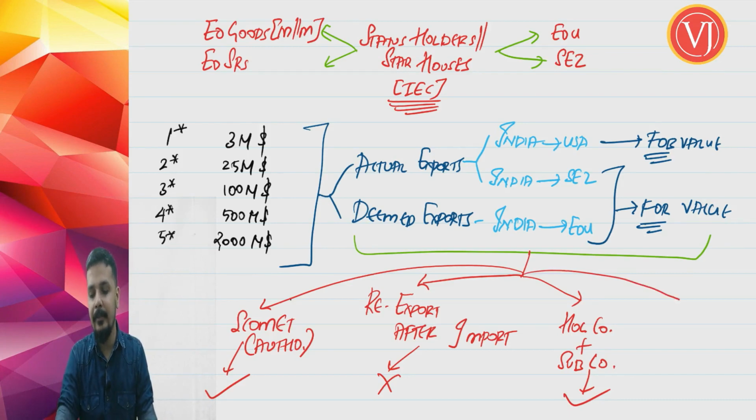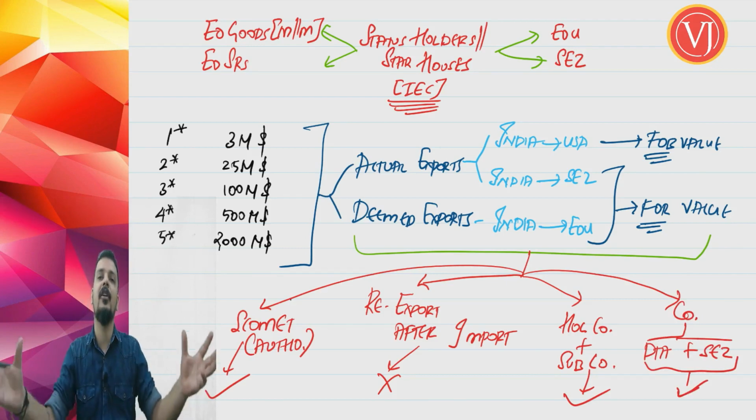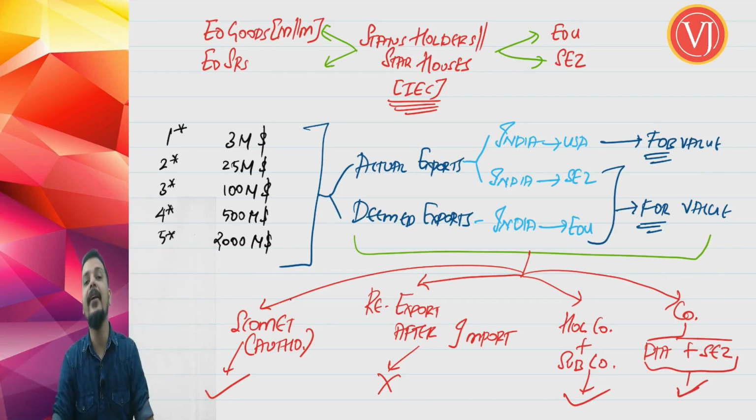And similarly, for a company having a unit in the domestic tariff area and a special economic zone, that clubbing will be allowed. So the export performance of DTA and special economic zone will be clubbed and then they will apply for star houses. When clubbing is allowed, a particular company or group of companies can go for high stars, right?